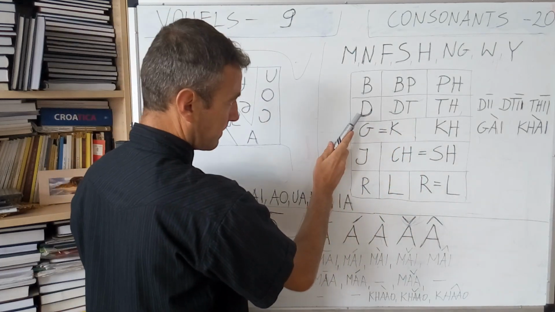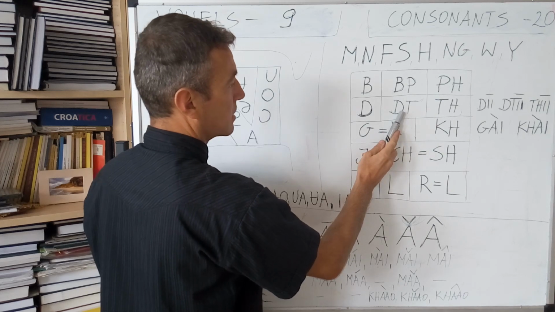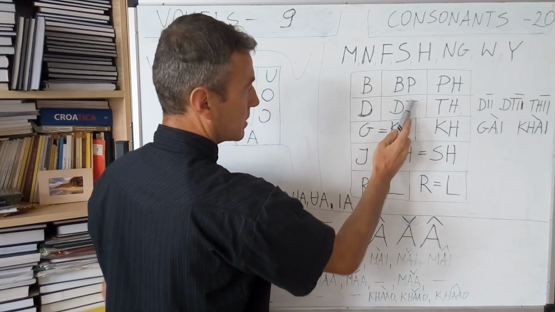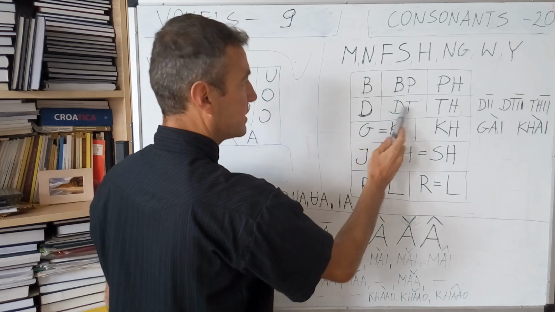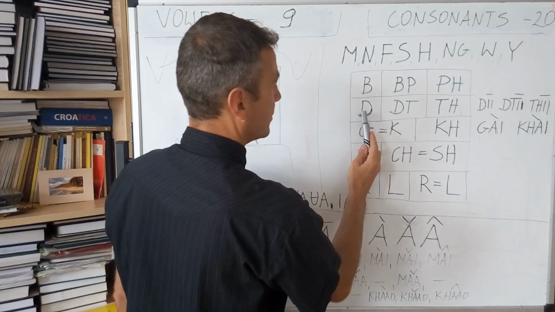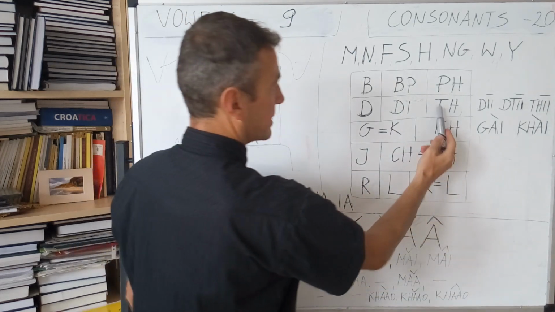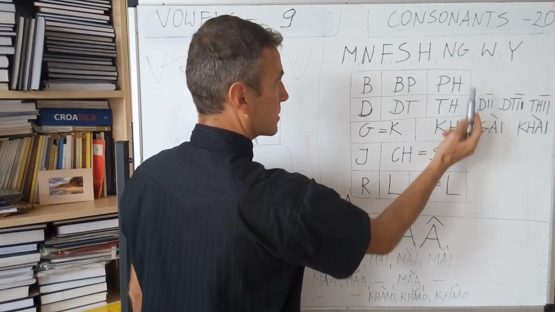Then d, t. T is a mixture of d and t, as if d and t pronounced at the same time. D, t. And then aspirated t, t.